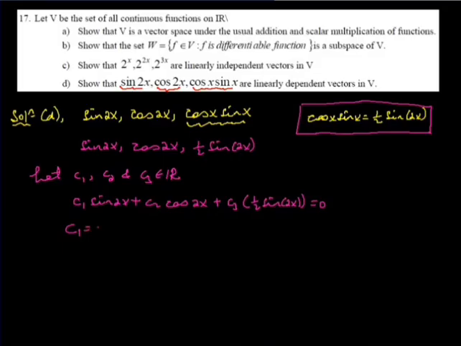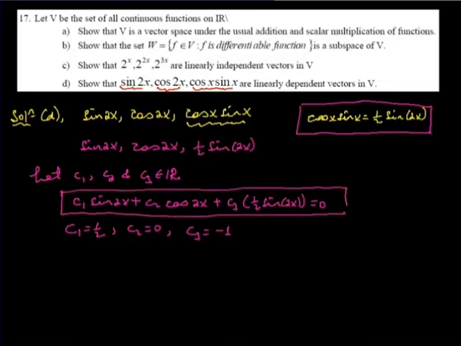Take c1 as 1, c2 as 0, and c3 as negative 1. Then this linear combination is true for these c values. Therefore, the given sin 2x, cos 2x and cos x sin x are linearly dependent.